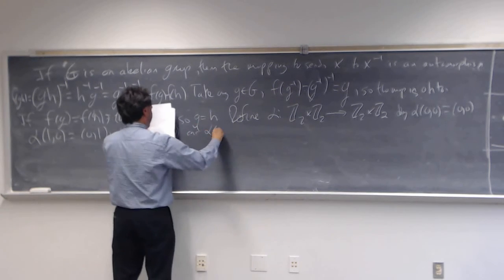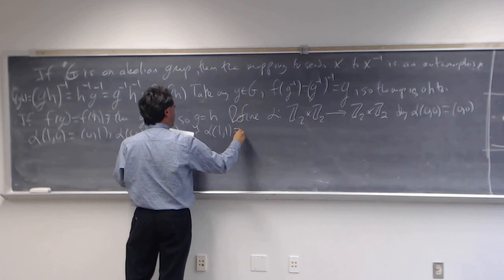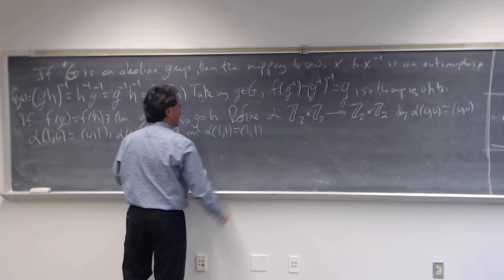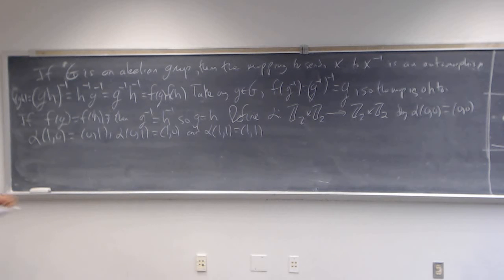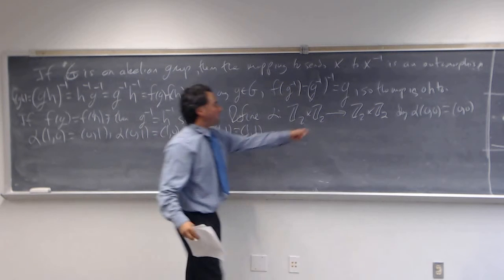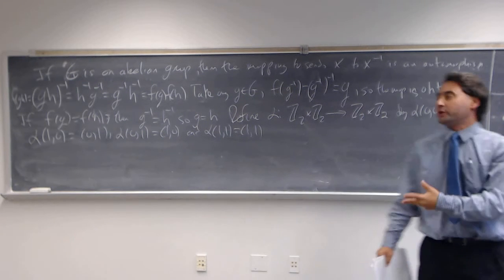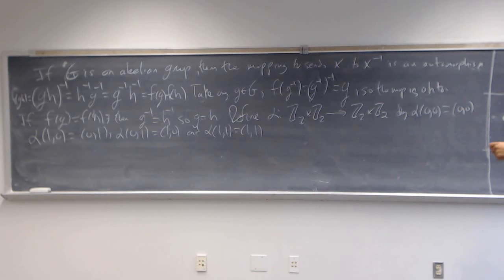And finally, f of (1,1) is (1,1). So you can tell by that definition it's got to be onto, right? I think we've hit all four of the elements. It's one to one. We can see every element gets mapped to a different element.